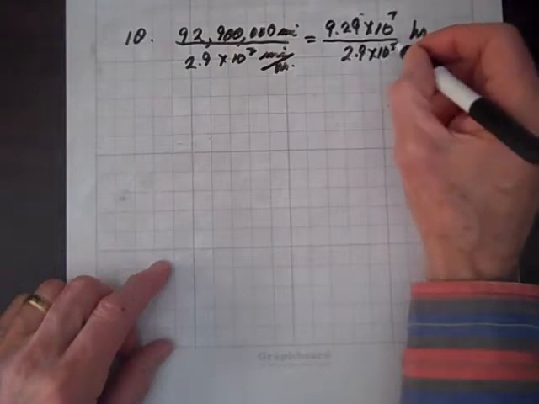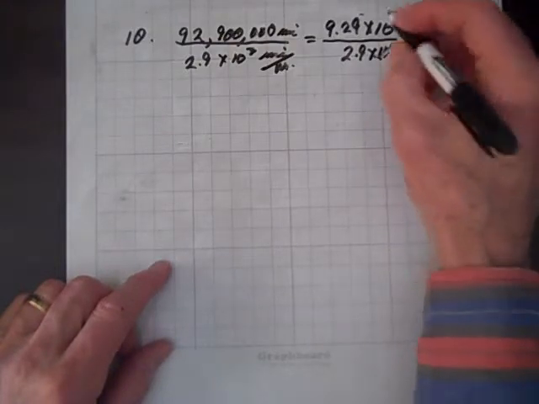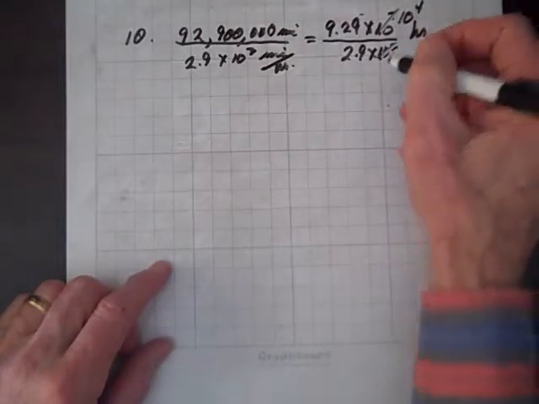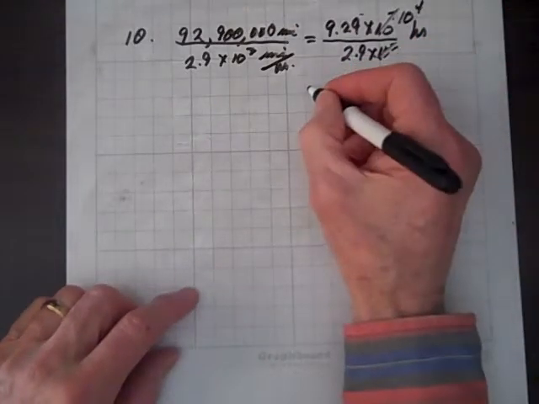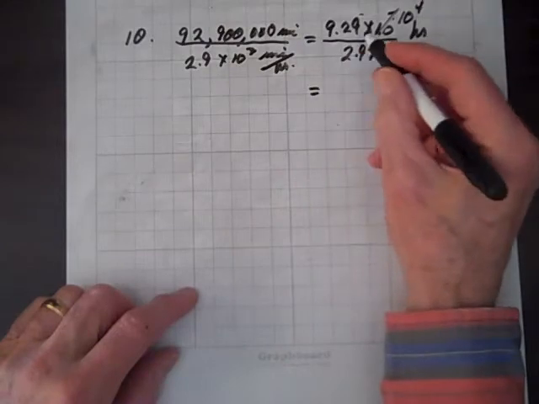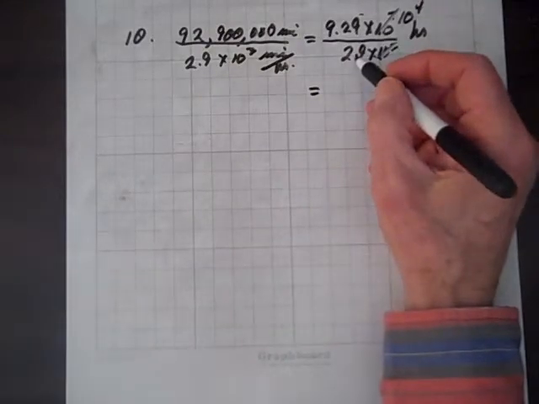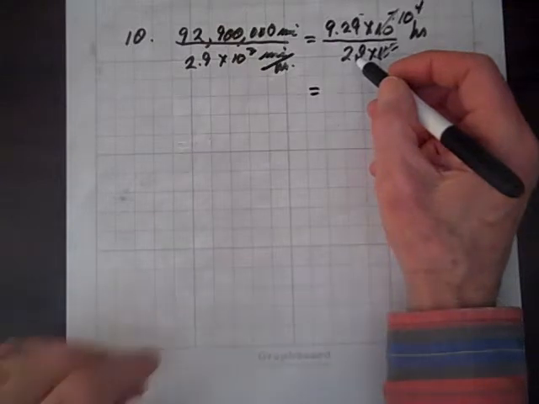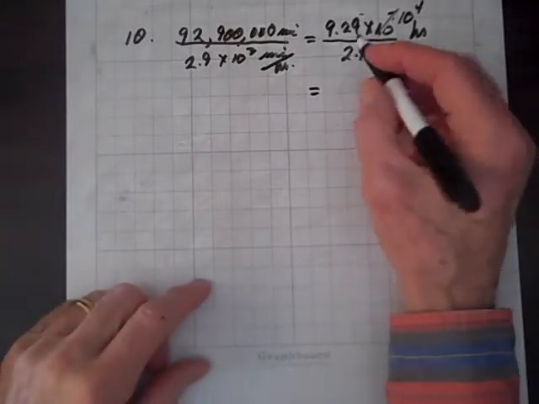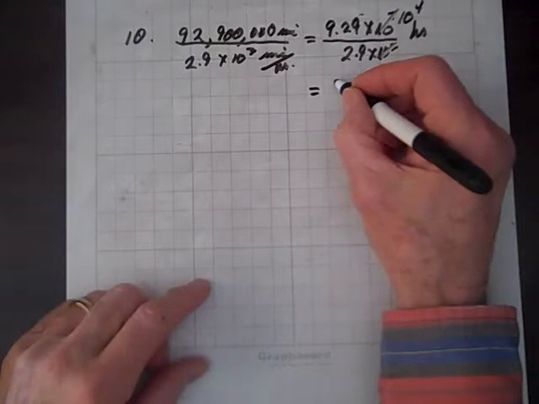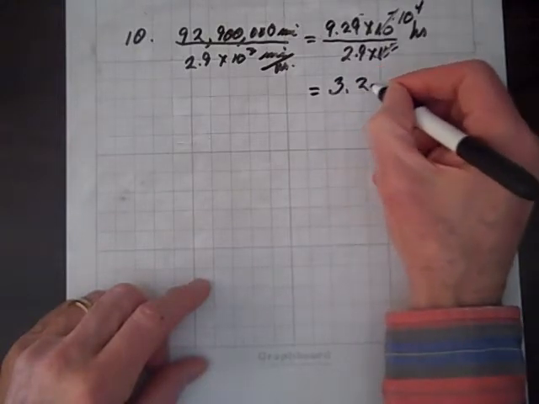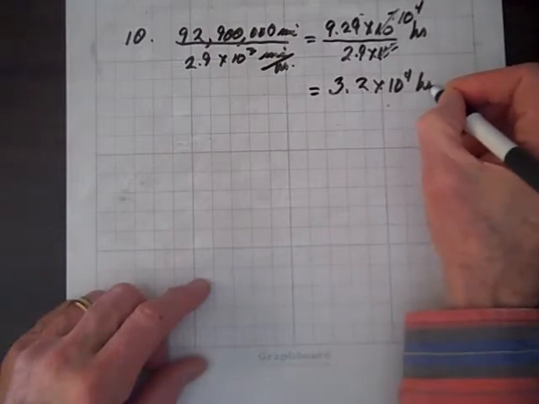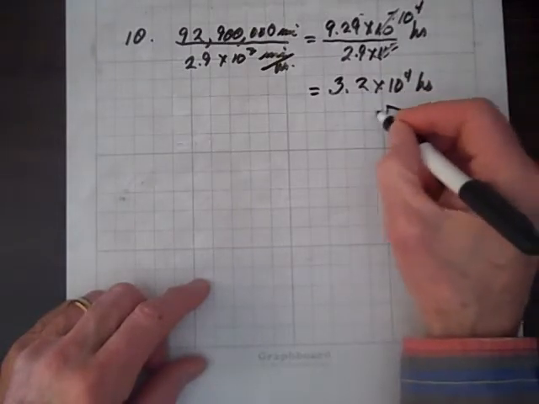And now 10 to the 3rd goes into 10 to the 7th, 10 to the 4th times, and 9.29 divided by 2.9, if we get out our calculator and compute that, we're going to get approximately 3.2, and as we said, that's 10 to the 4th hours, and that's D.